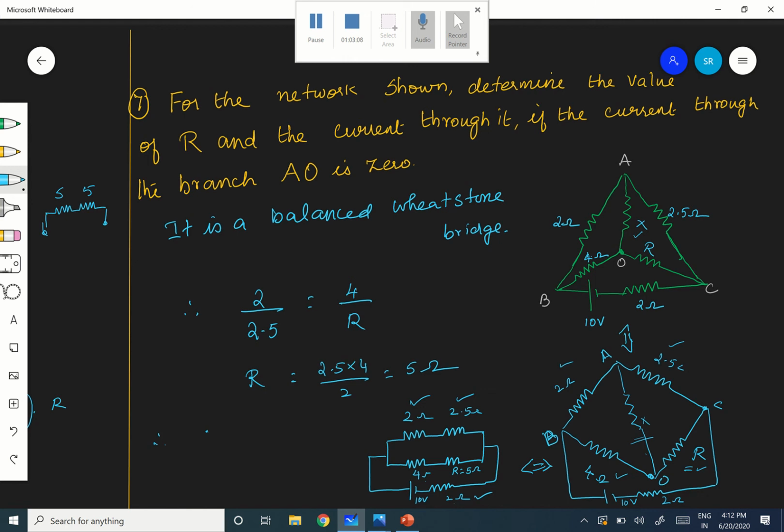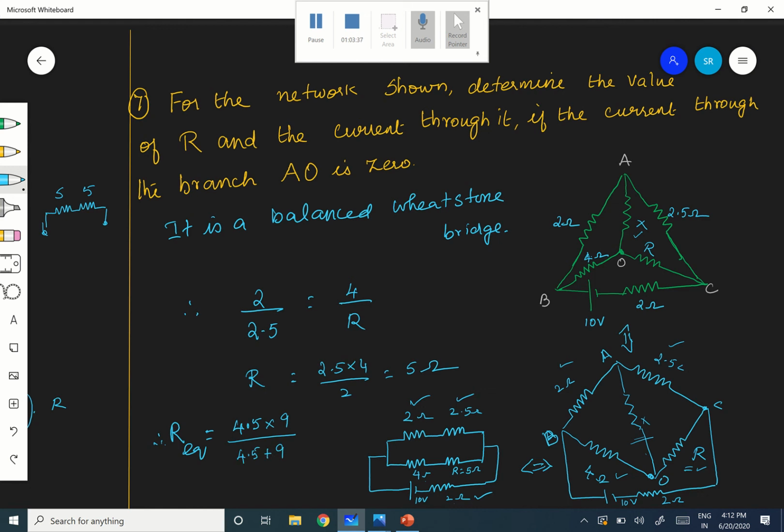Therefore, equivalent resistance should be equal to 4.5 into 9 divided by 4.5 plus 9.